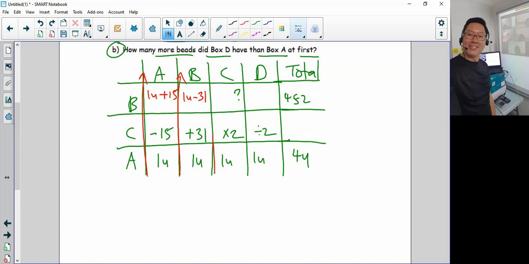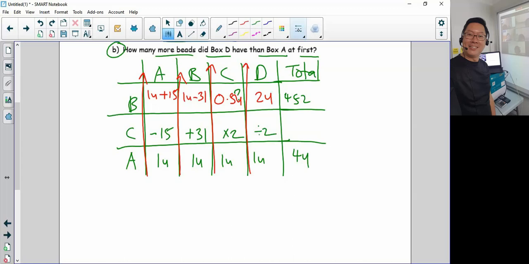Okay, box C, work backwards, times 2 becomes divide by 2. So 1 unit divided by 2, that will be half a unit. Box D, flow backwards, divide by 2 become times 2. So 1 unit times 2. You will get 2 units of bits in box D at first. Clear? Right? So you fill in the boxes one by one.